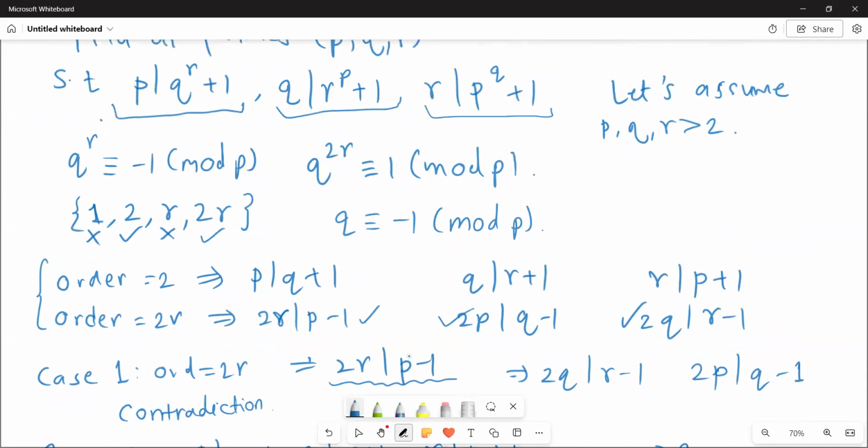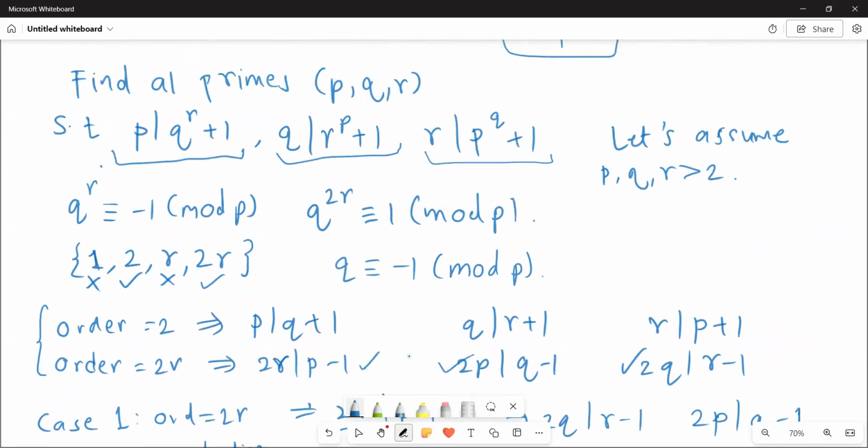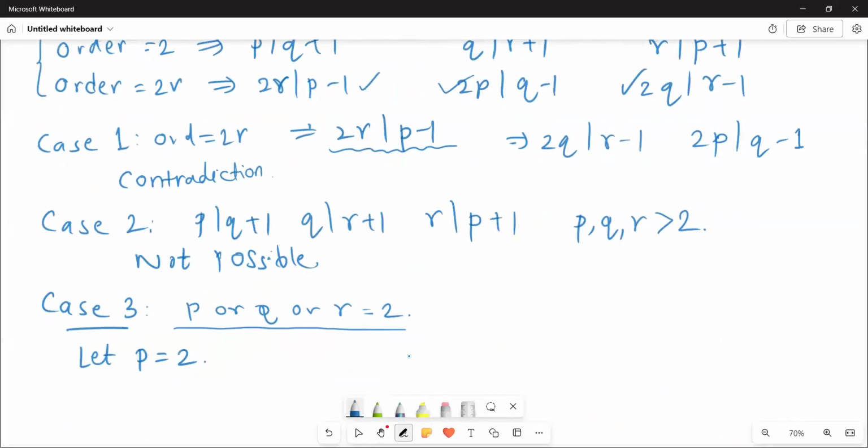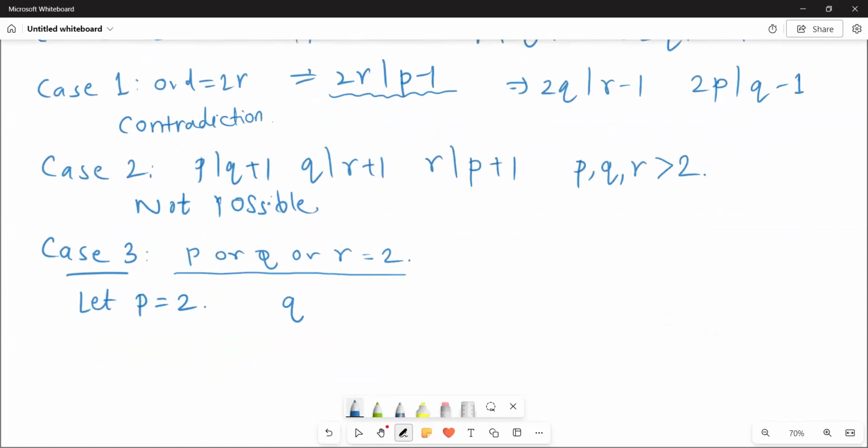2 divides q to the power r plus 1. That just means q is odd and not equal to 2, so that's not very interesting. q divides r to the power p plus 1, okay, yeah, that does say something. So this means q divides r square plus 1. And what else do we have? r divides 2 to the power q plus 1, right?